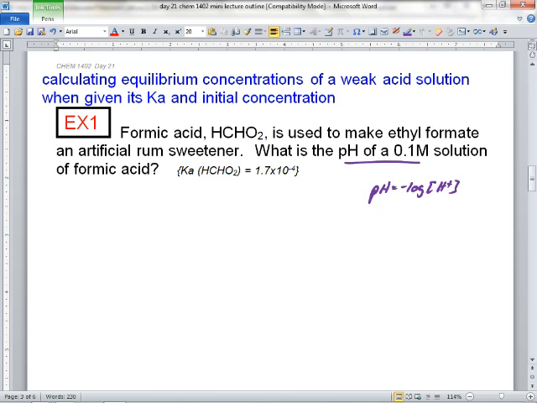It's not a strong acid. So we have to go through and do a full ICE, right? The quadratic mess. Okay. That means we need a reaction. Mallory, what reaction do we write that we can do ICE on? What reaction would you write?